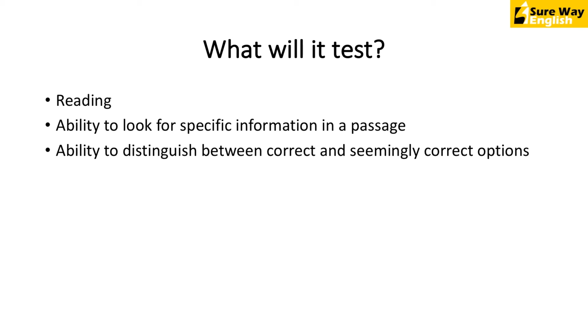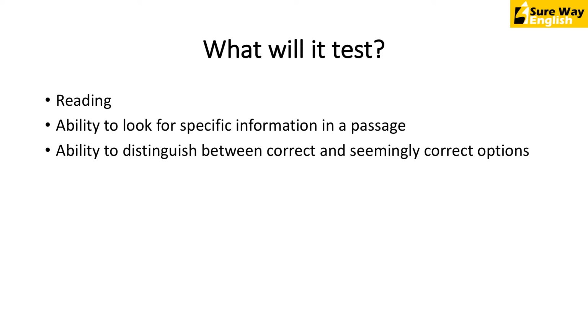For example, one option will say the entire population of the city lives in apartments. The other option will say most of the people in this city live in apartments. And in the passage, what they have said is that more than 80% of the people in the city live in apartments.